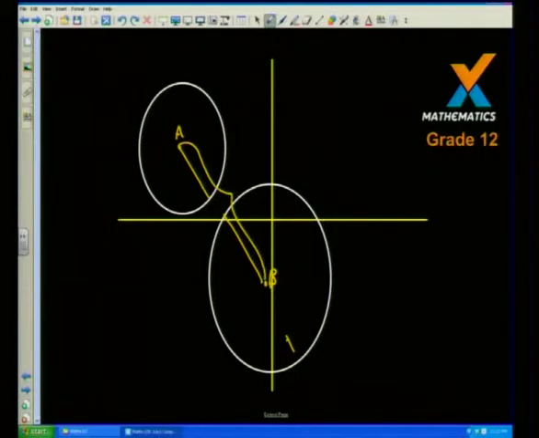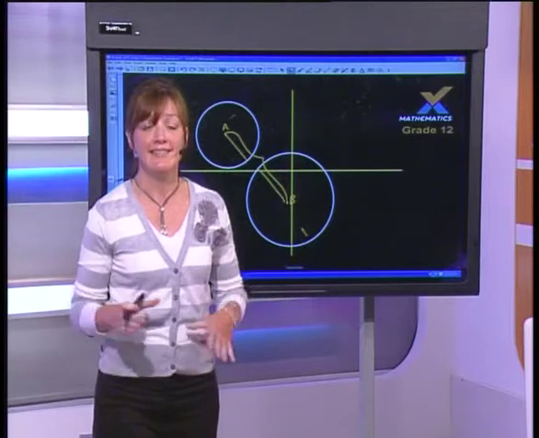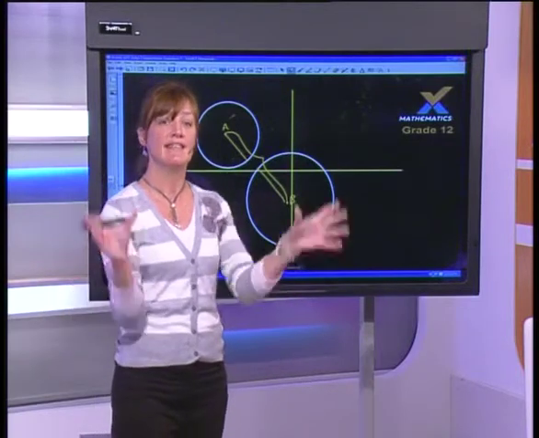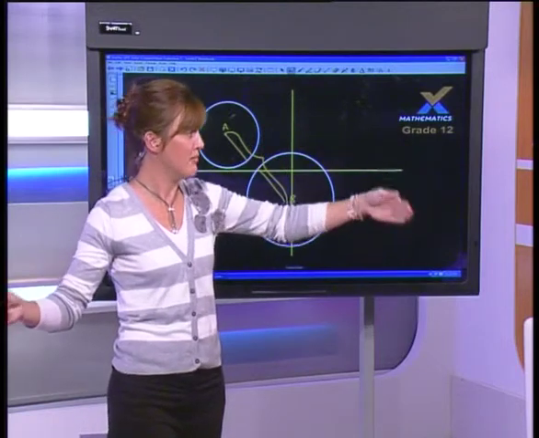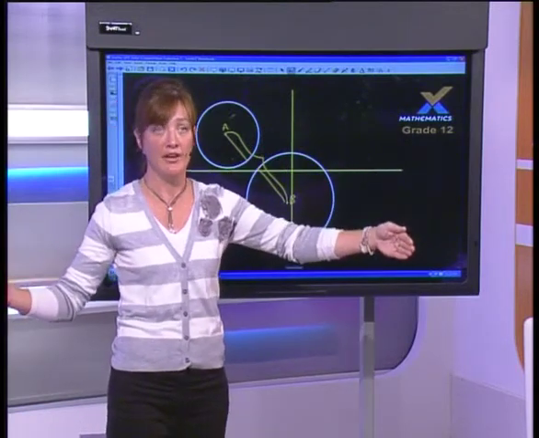So to prove that the circles do not intersect, you would have to show that the sum of the two radii is less than the total length from your one circle center to the other, okay?